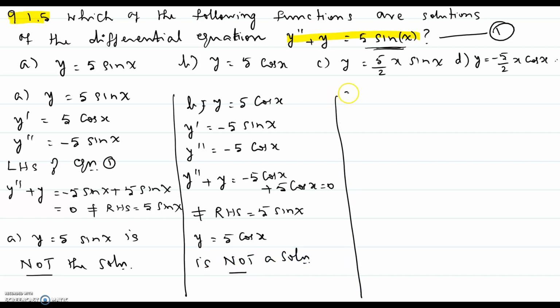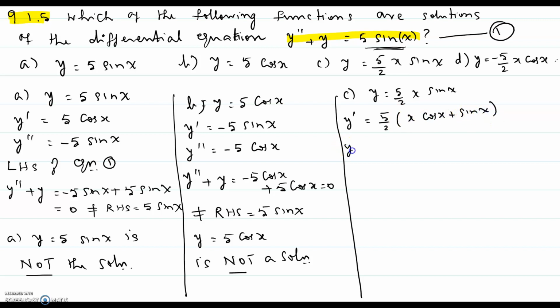Let's try C, which is y equal to 5 halves x times sin x. So y prime: now we are going to apply the product rule. 5 halves times x times cosine x plus sin x times 1.